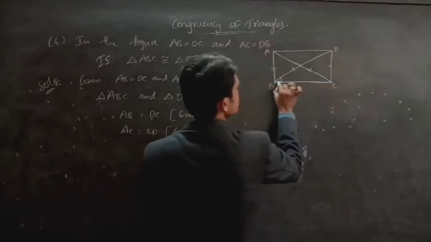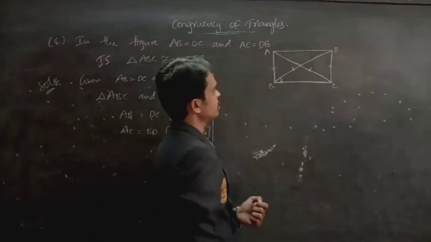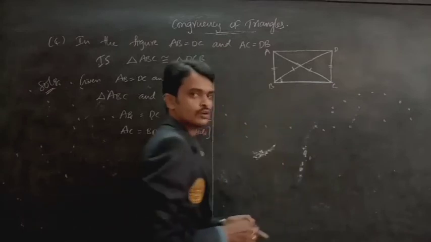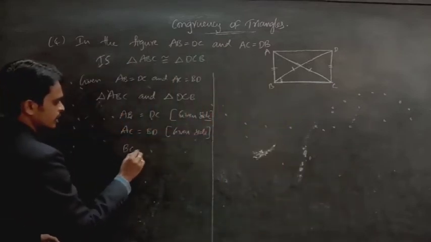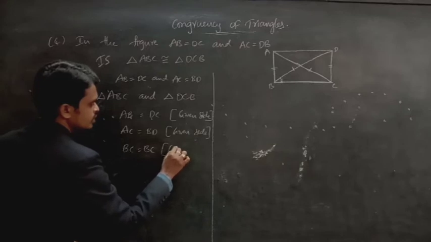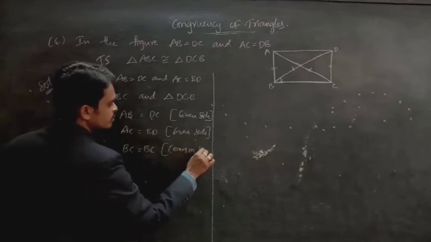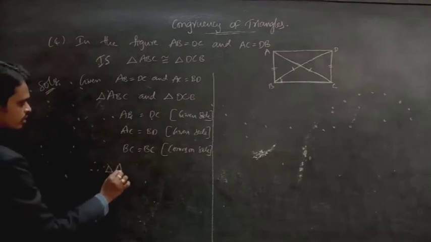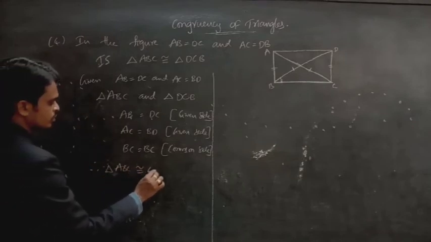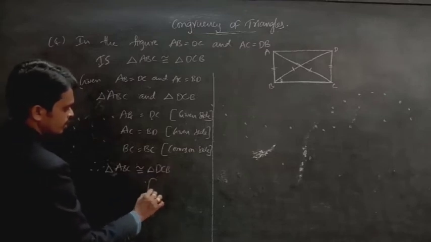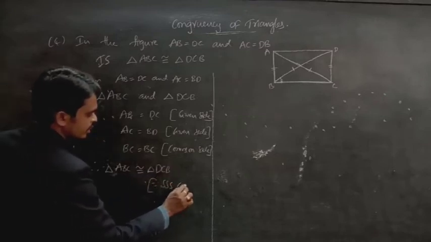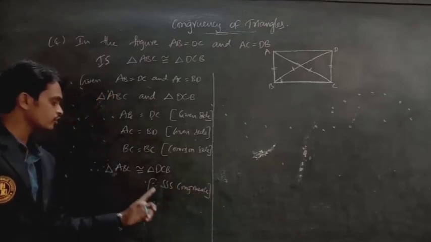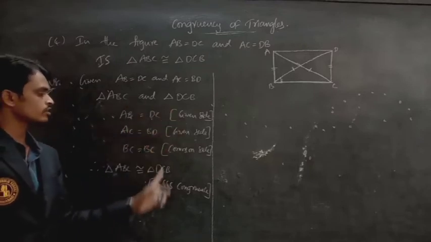For triangle ABC the base is BC, and for triangle DCB the base is also BC. So in the two triangles the common side is BC equal to BC. So it is a common side. Therefore triangle ABC is congruent to triangle DCB, since side side side congruence.